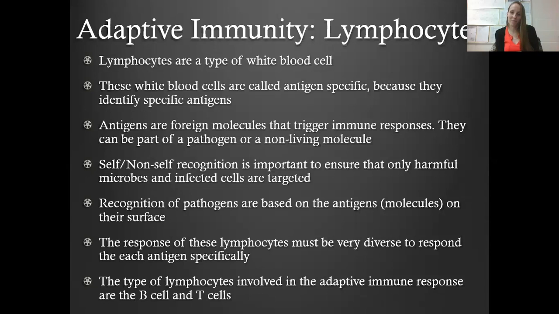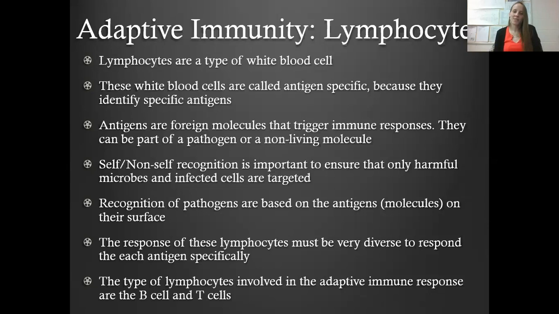So is this a part of my body, or is it something harmful that has invaded my body? And then once this part of your immune system has identified something as non-self, then it needs to figure out what specific pathogen it is dealing with based on the antigens on its surface, the little molecules on the surface of the microbe, which is the pathogen.